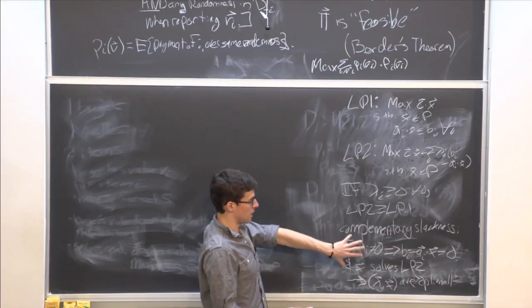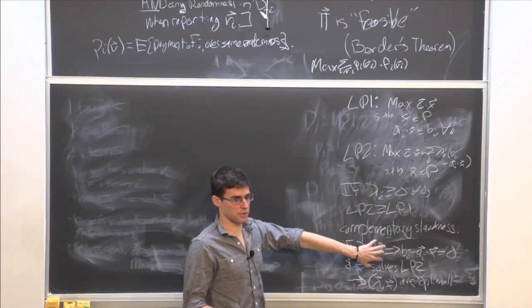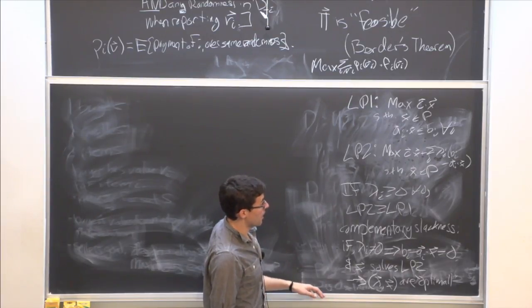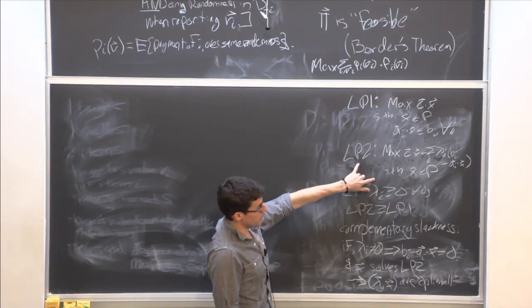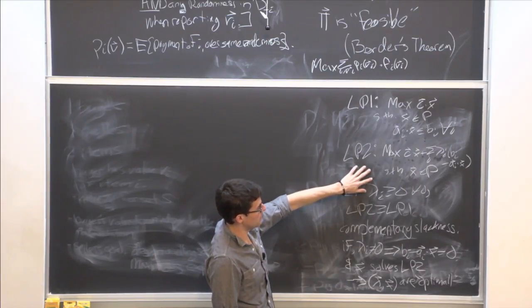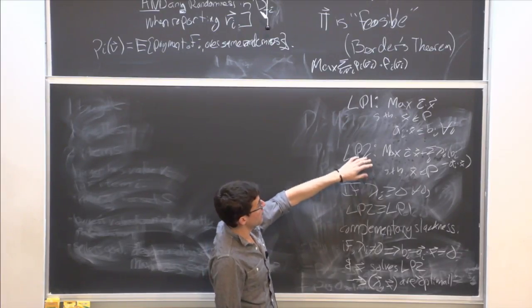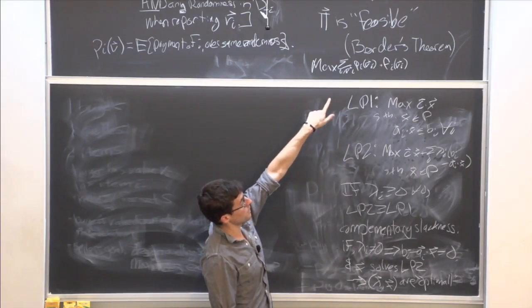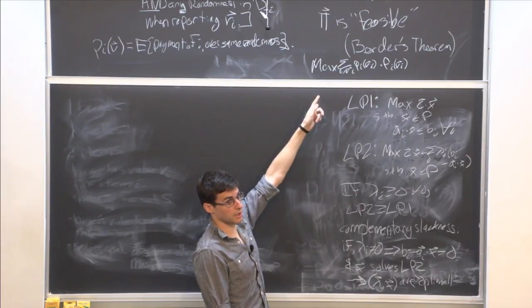I wasn't going to prove this. Probably most of you have at least heard this, but that's complementary slackness. So basically all I'm going to do for the next little bit is take Lagrangian multipliers of the incentive constraints and not on the feasibility constraints.